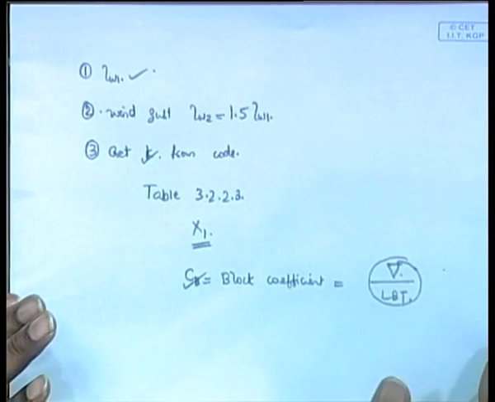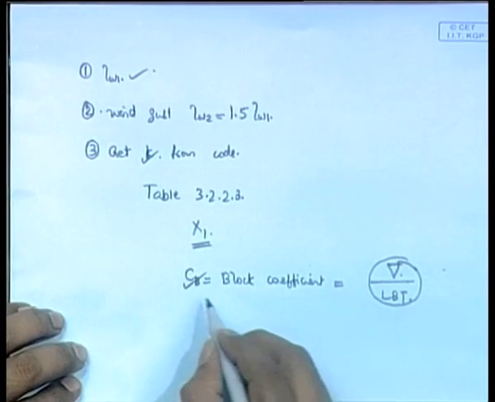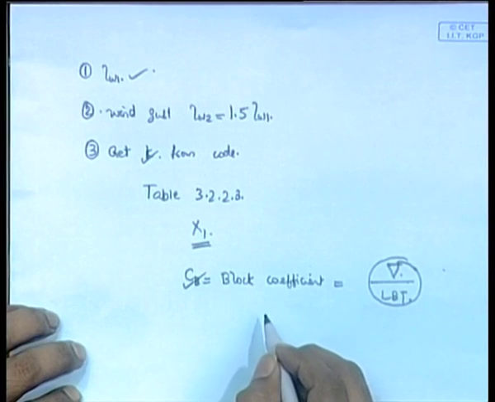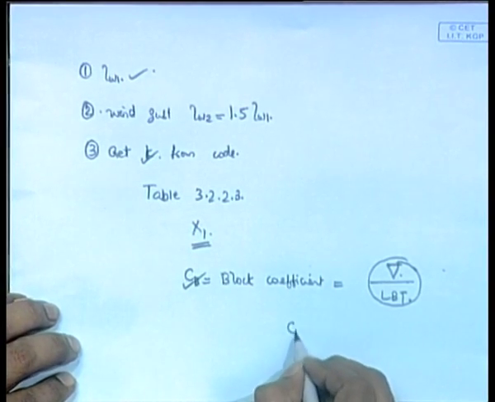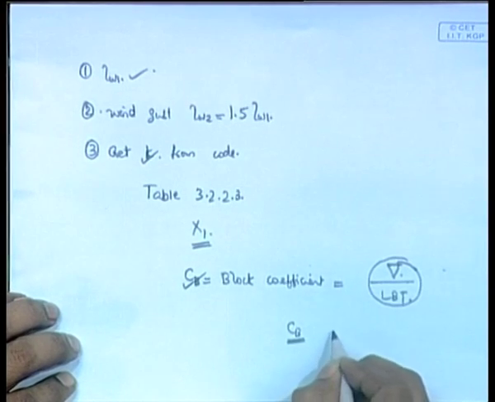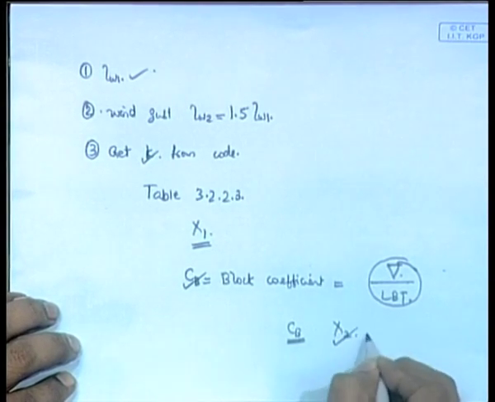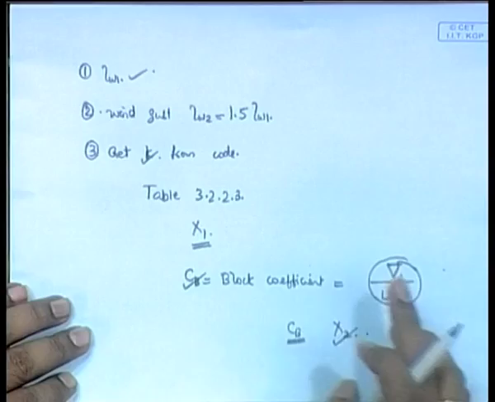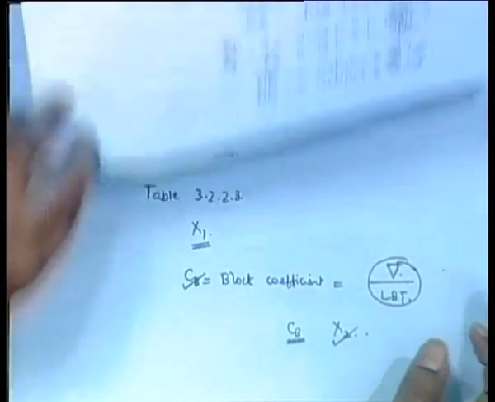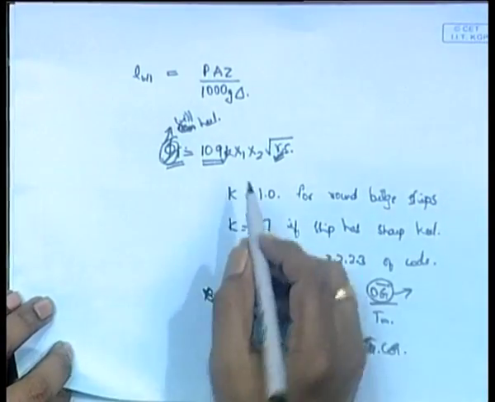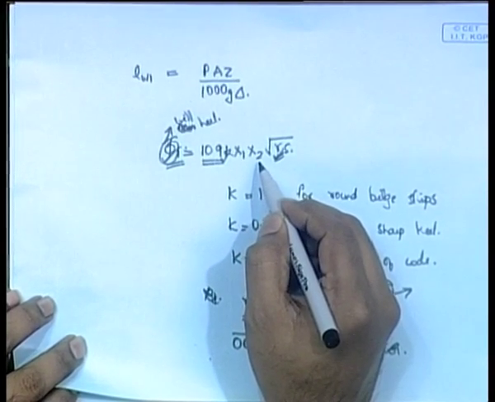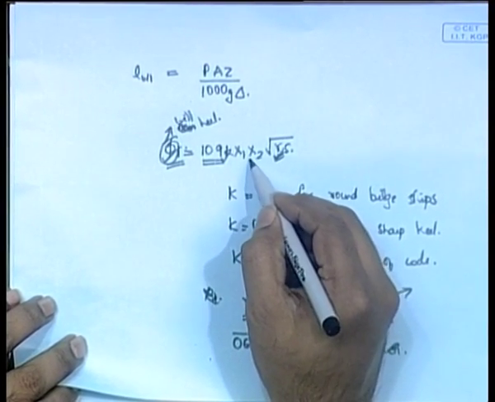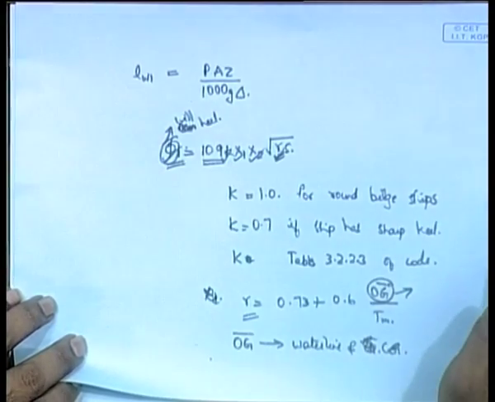Once you have CB, when you look at the code booklet, as a function of the block coefficient of the ship, x2 will be given. X2 is again a parameter in this equation. So, this is how you get x2.